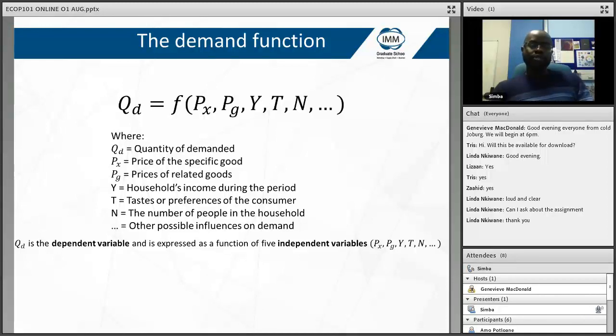Price of related goods and services, here we are now talking about substitutes or complements. So when you look at substitutes and complements, we want to see how two products that are related, how does it influence the demand for the other product. Let's say the price of tennis rackets increases. How does that affect the demand for tennis balls? Those products are complementary because we use them together.